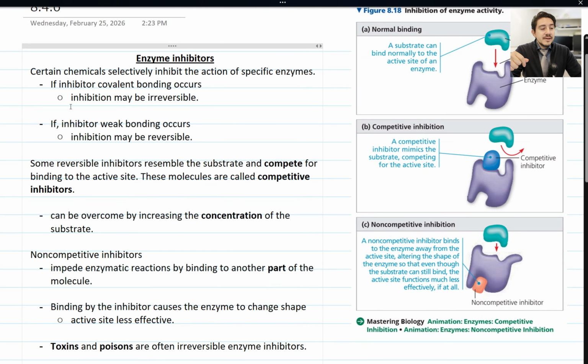If the inhibitor covalently bonds to the enzyme, then the inhibition may be irreversible. You won't be able to use it anymore. If the inhibitor forms weak bonds, then the inhibition may be reversible.